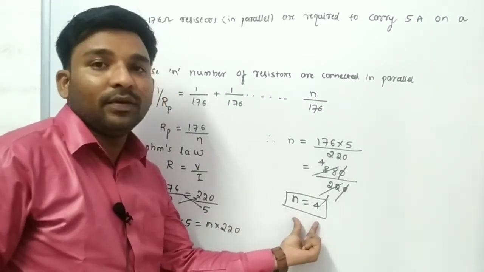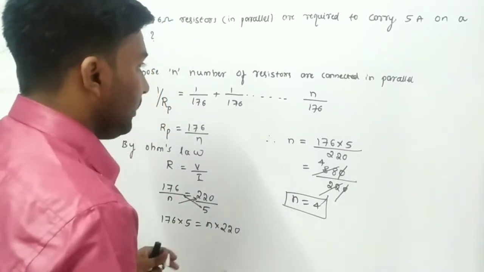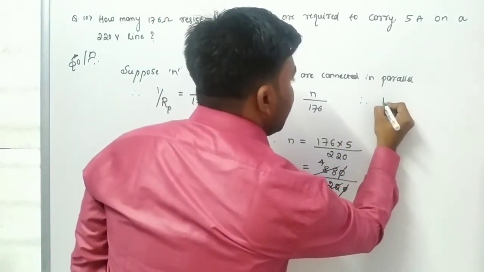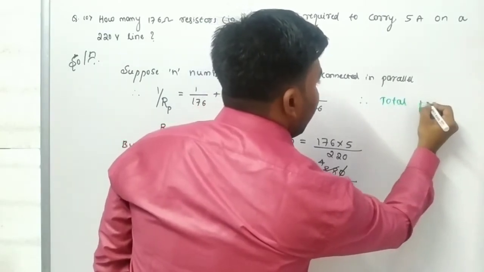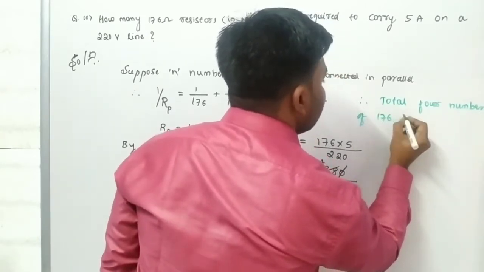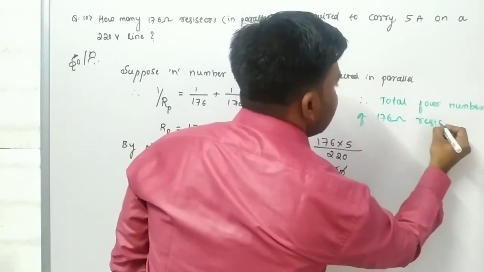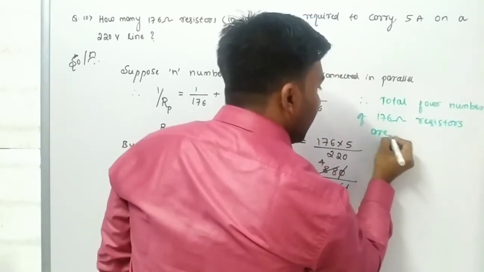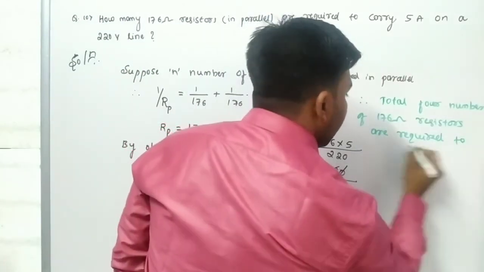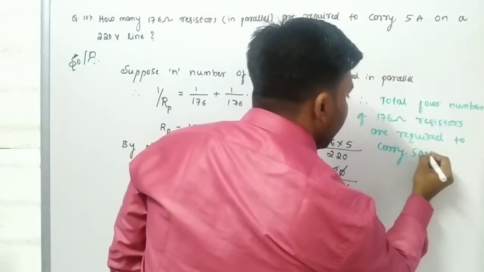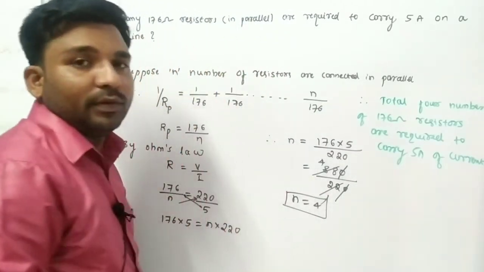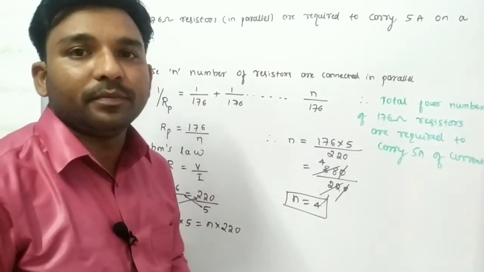How many in number? 4 in number. Therefore, a total of 4 numbers of 176 ohm resistors are required to carry 5 ampere of current. So hence we have solved the problem.